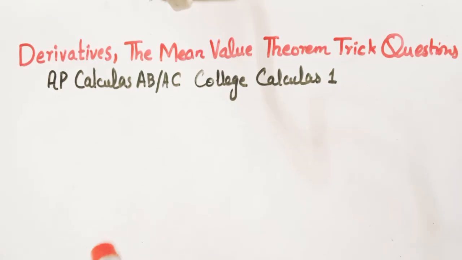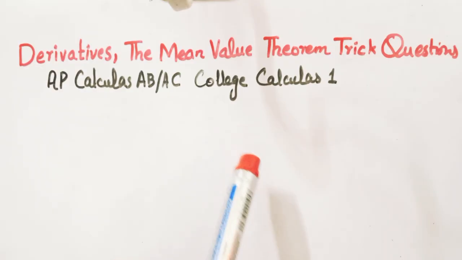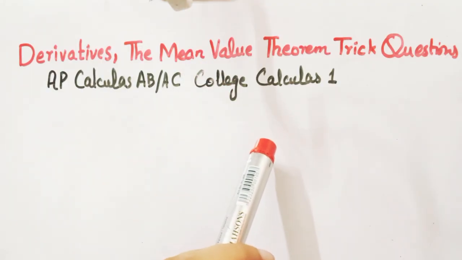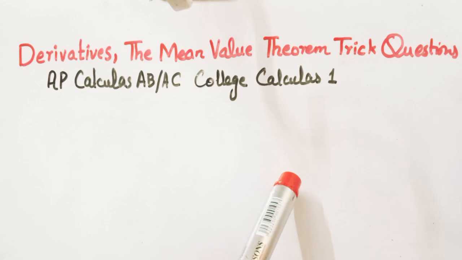If you are taking AP Calculus or Calculus 1 right now in high school or college, listen to me very carefully. Your first major calculus exam is going to feature a question on the mean value theorem. On the surface, the math looks simple. You just set the rate of change equal to the average rate of change.